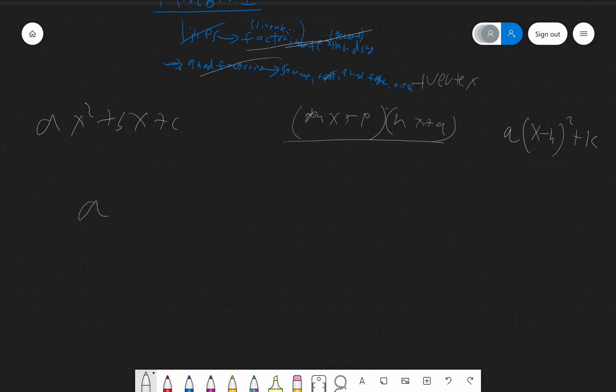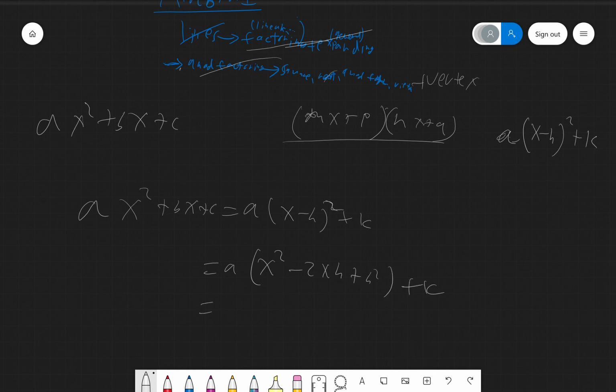So if ax squared plus bx plus c is equal to a times x minus h whole squared plus k, that's equal to a times x squared minus 2xh plus h squared, right?